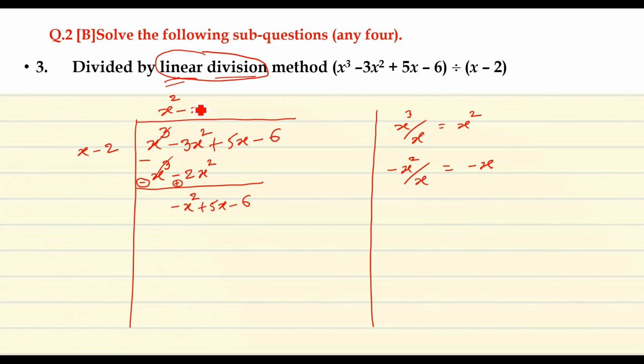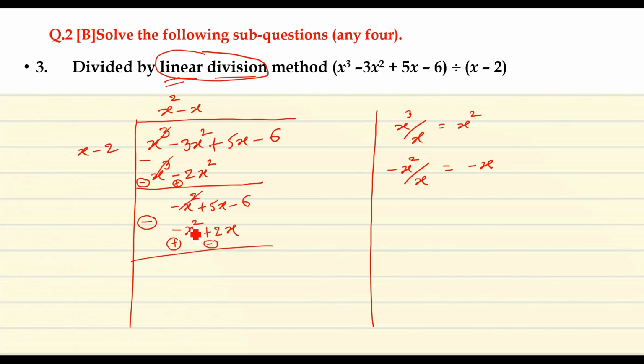Now you will multiply minus x with x minus 2, minus x multiplied by x will be minus x square, minus x multiplied by minus 2 will get plus 2x, because minus multiplied by minus becomes plus. Now when you subtract the first polynomial from the second, the sign of the second polynomial is reversed. So this minus becomes plus, this plus becomes minus.